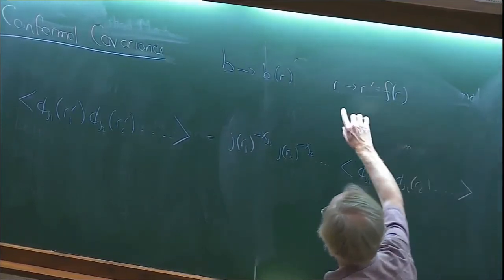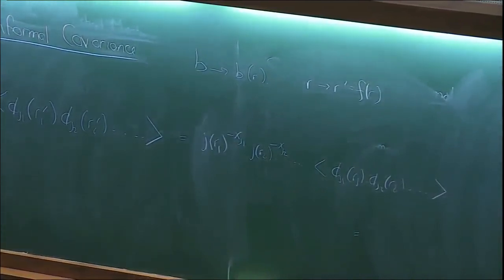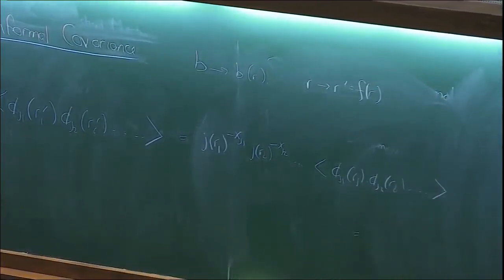So the idea is under this transformation, this correlation function is going to transform covariantly.